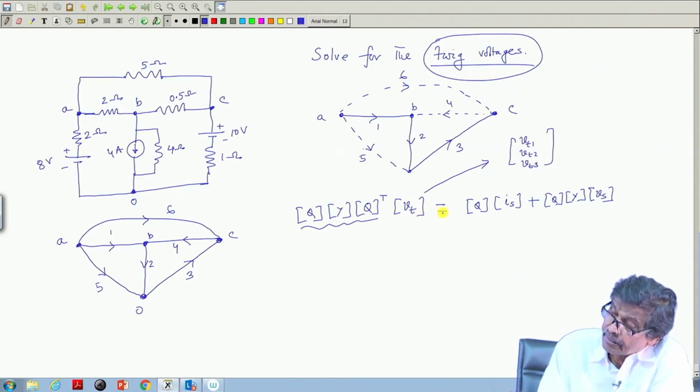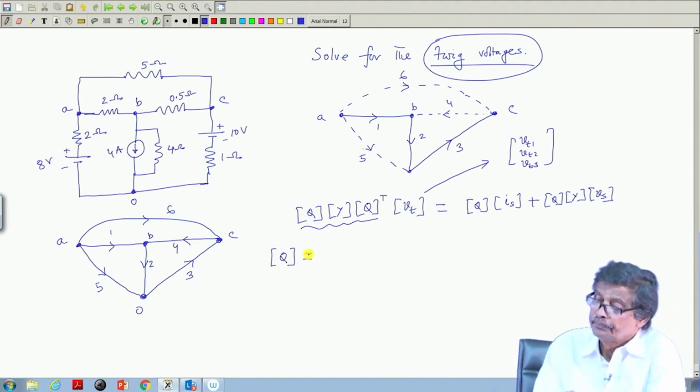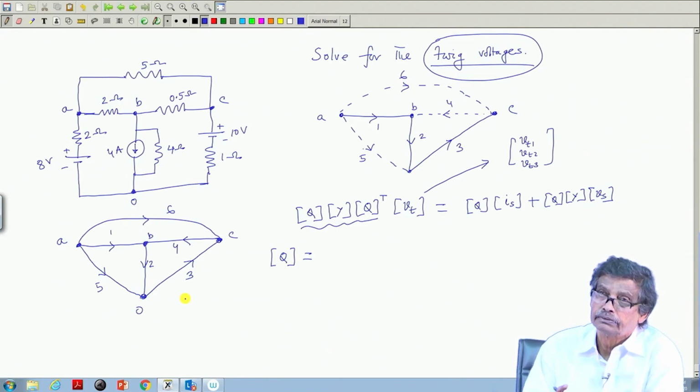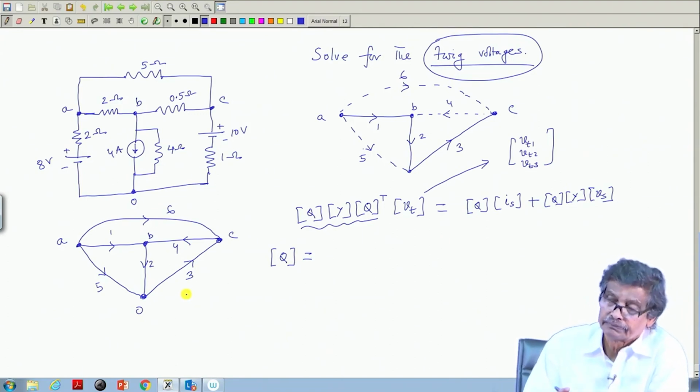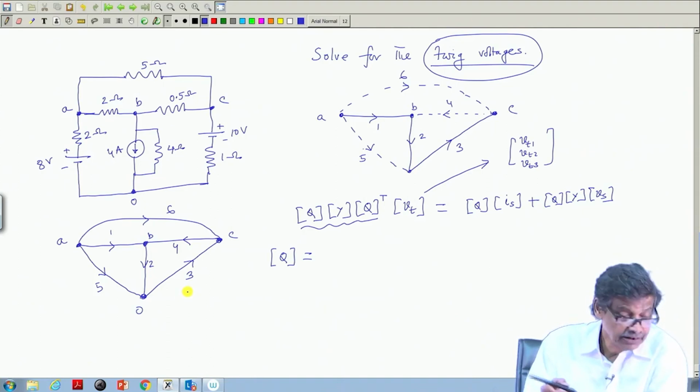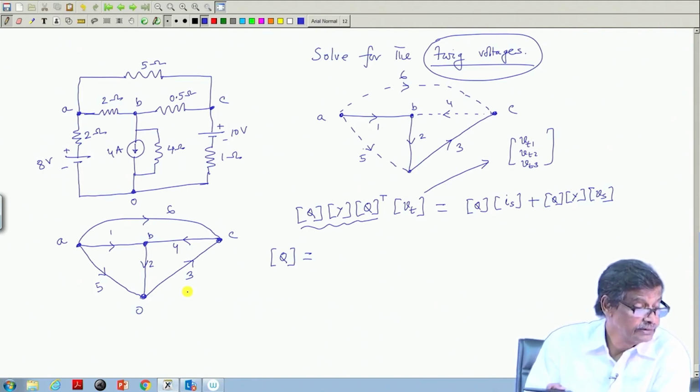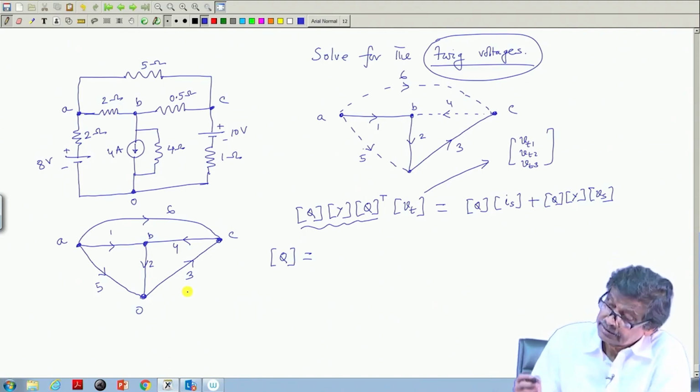So, before that I have to form this Q matrix. How to form it? You have to basically write down the KCLs at different cut sets. So, what are the cut sets?